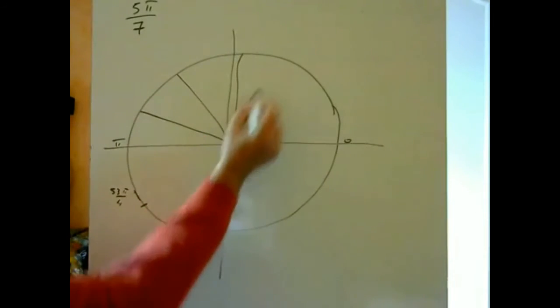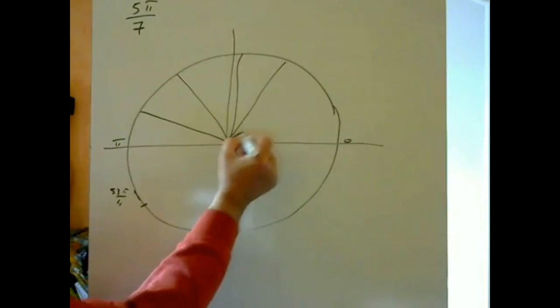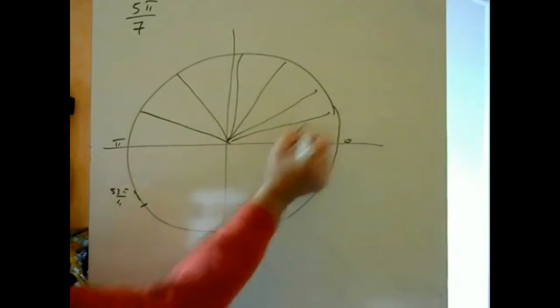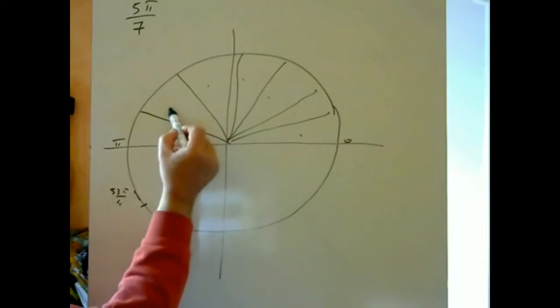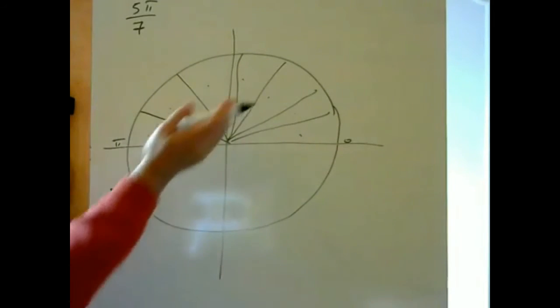Let's say all the portions I draw here are equal. We have 1, 2, 3, 4, 5, 6, 7 equal parts. Again, let's say they're all drawn equal.